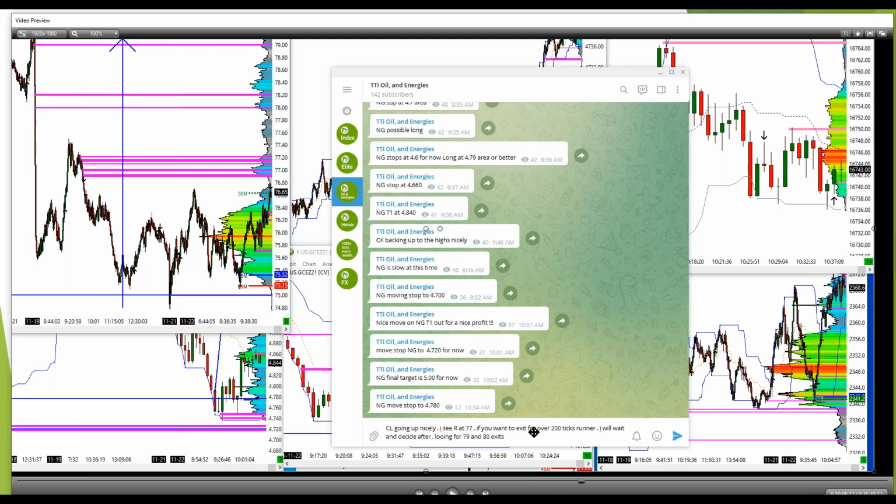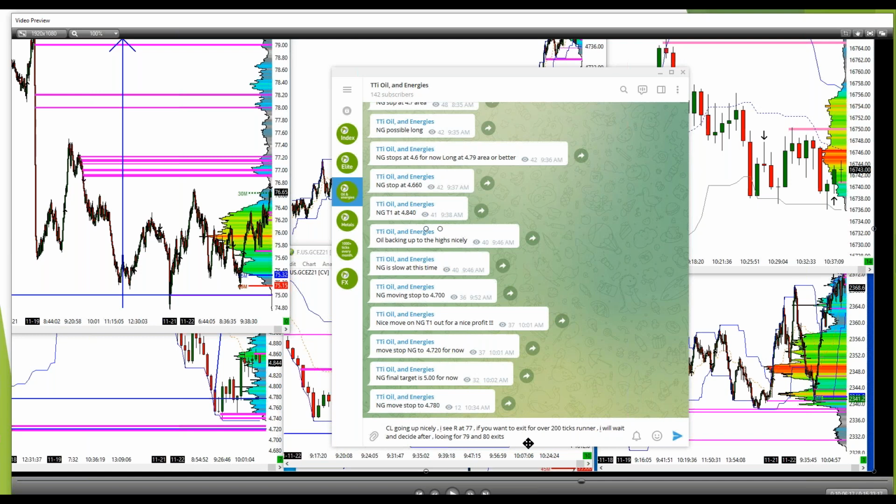Oh, look at this. Sometimes I like to keep my trade for, let's say, 78 and 79 on the crude, but look what I told my members. I said, I see resistance at 77. If you want to exit, you have 200 ticks, of course, including the first target and then the entry.